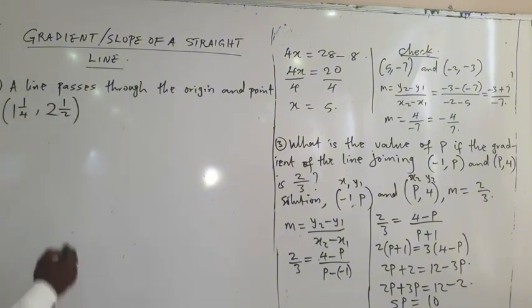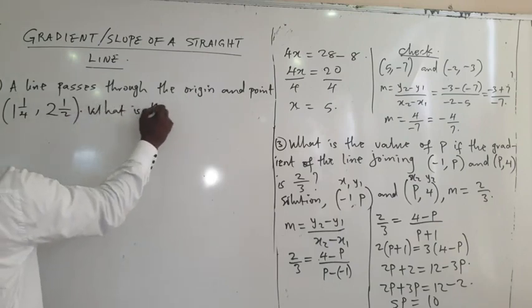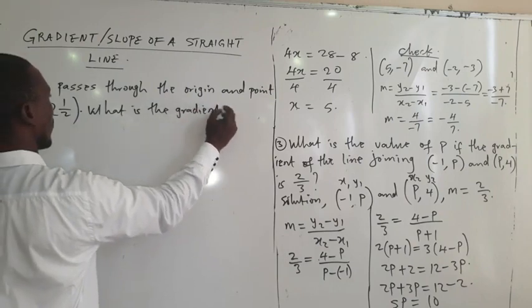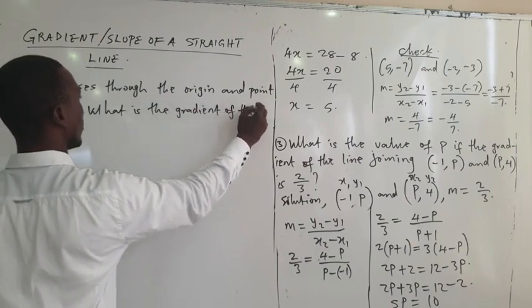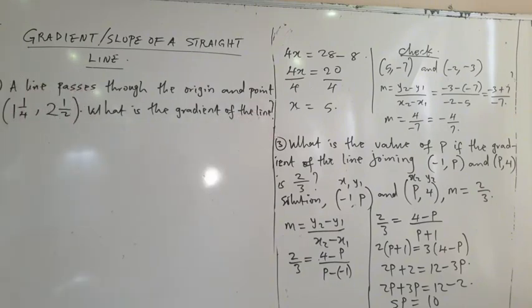What is the gradient of the line? So which line? The line that passes through the origin and this point. So that's what we are looking for.